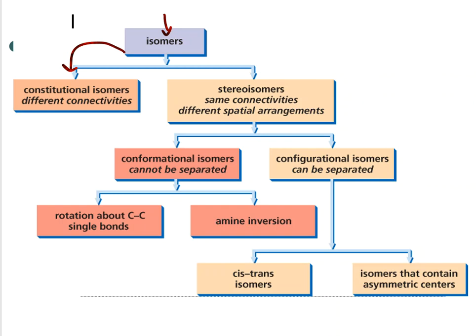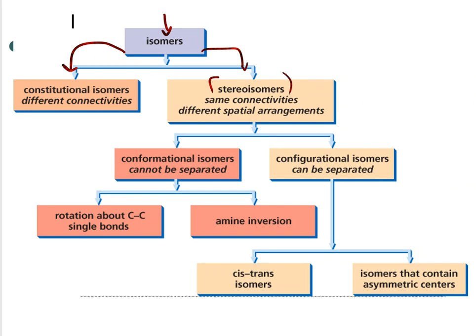This was like the isopropyl group, the sec-butyl group. The questions that said, hey, you've got 6 carbons. How many different ways can you connect 6 carbons to give me a different structure? But notice what that was. How can you connect them differently? That's constitutional isomer.